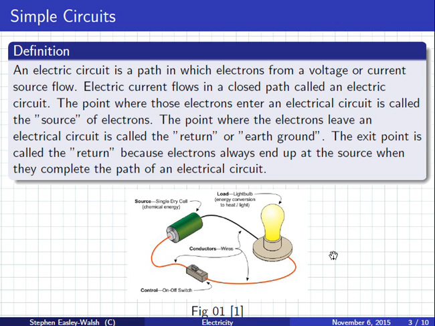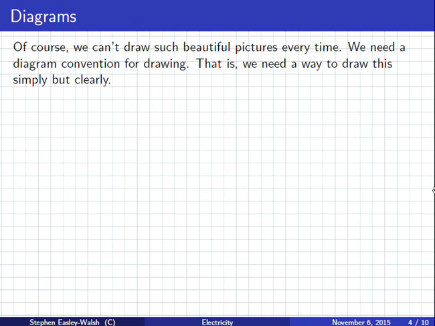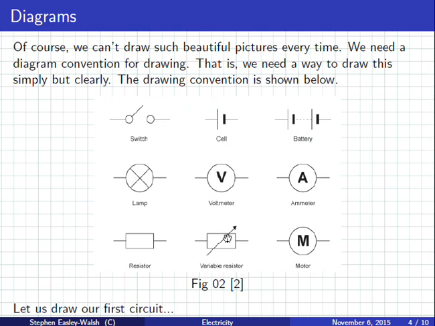This is a new word, load. And source means like battery. Do you know the word source? I think load is a new word. Load means resistor, so you can write that down. Oh, you don't have to draw this beautiful picture. It's okay. You want to draw it? She's drawing. Okay. I'm going to go on.